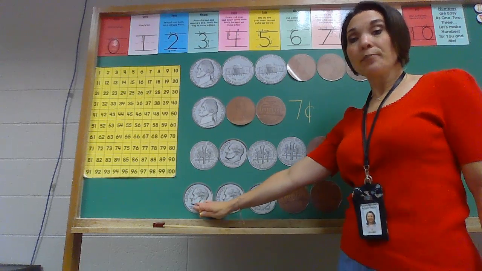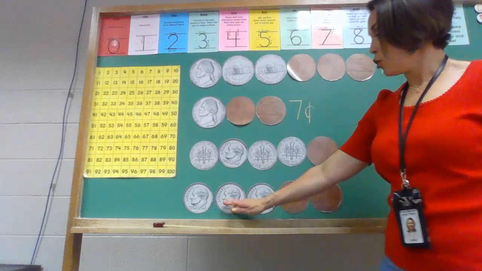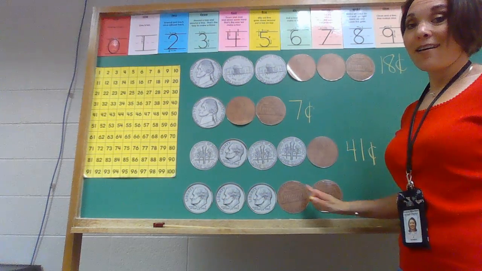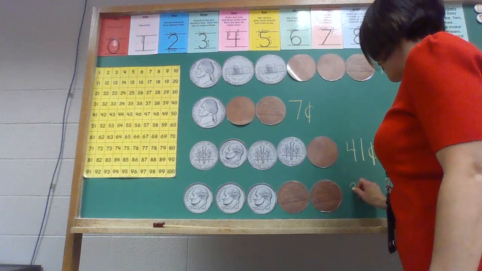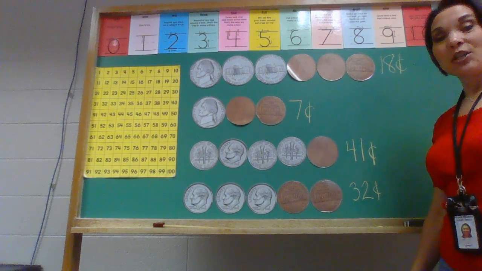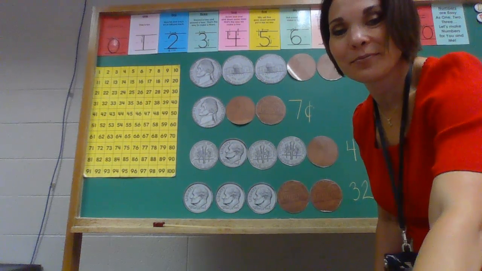The last one, I have dimes and pennies again. 10, 20, 30, 31, 32. So 32 cents. All right. Stay tuned for 2 more sets, and then we'll be good to go.